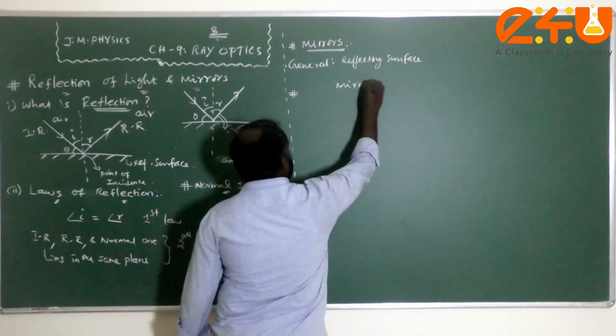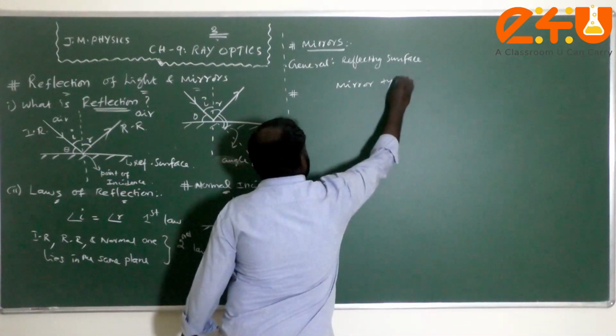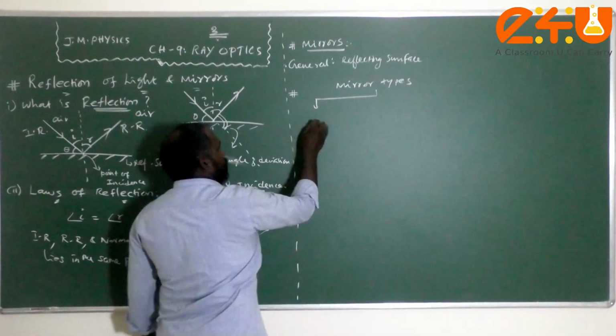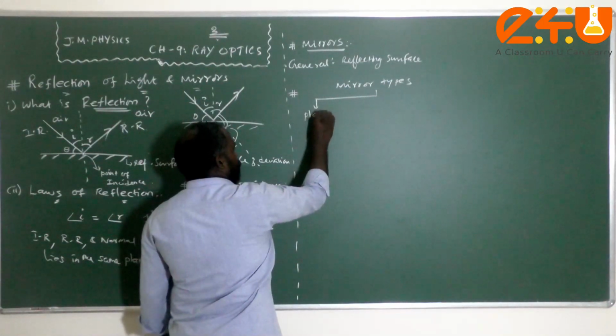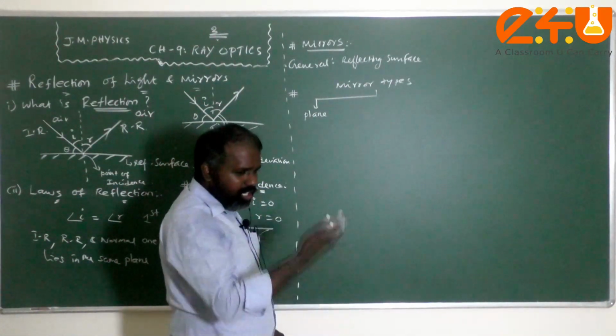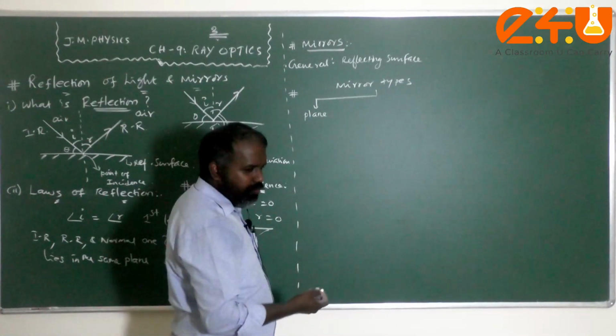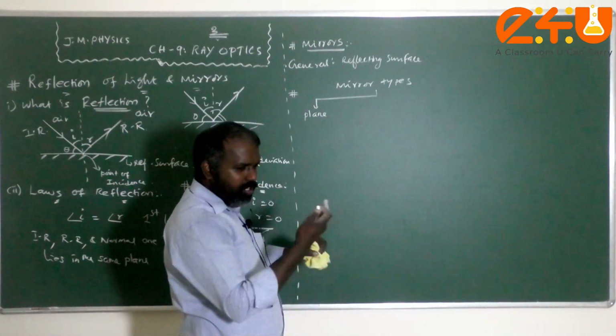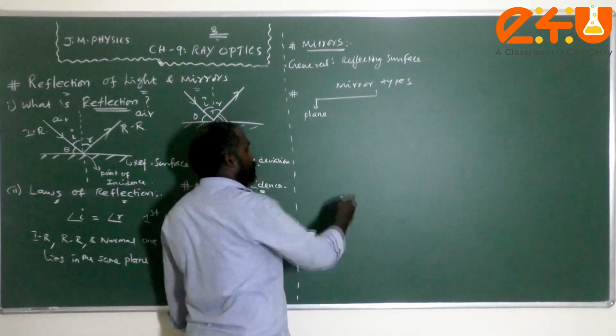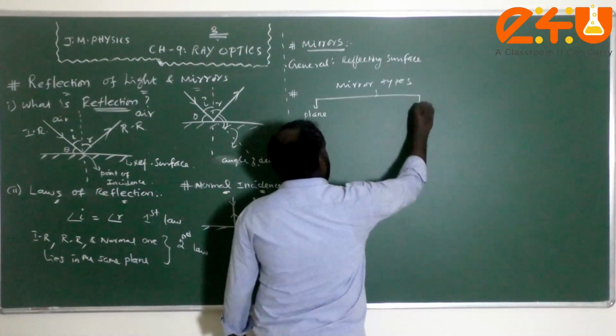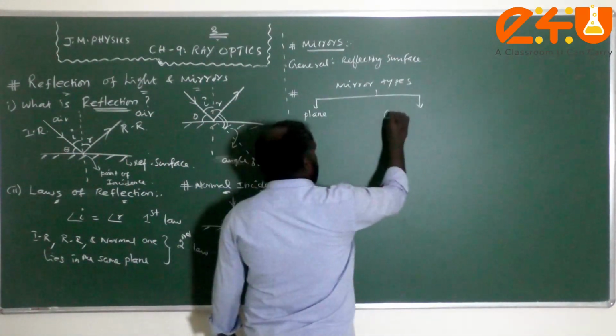One is the plane mirror, like the normal mirror we use in a salon shop or by a beautician. Another one is the curved mirror.